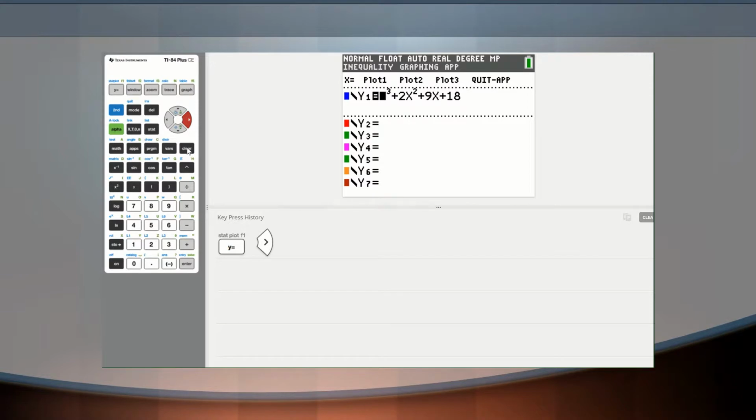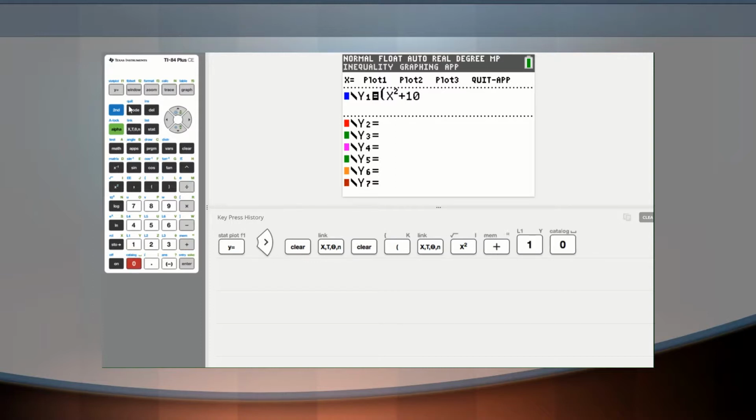All right, let's graph this thing right quick. Let's see what we had. Key point: put the numerator and denominator each in parentheses, so your calculator reads it right. So I had x squared plus 10x plus 24.